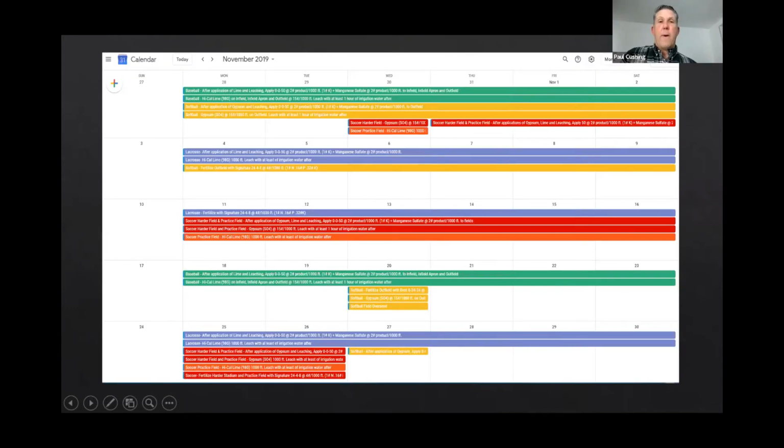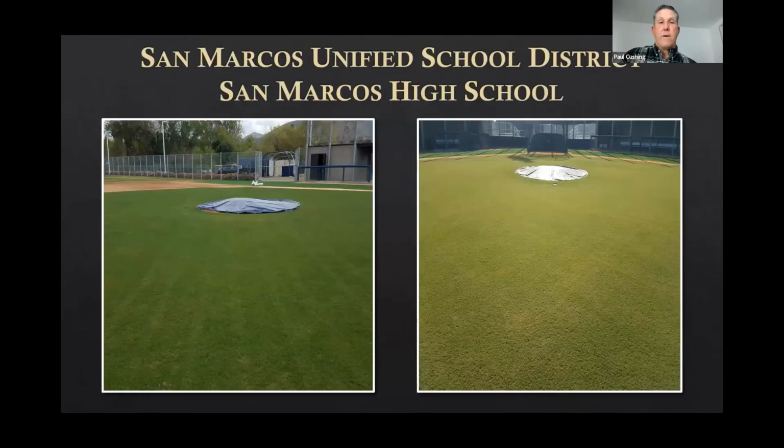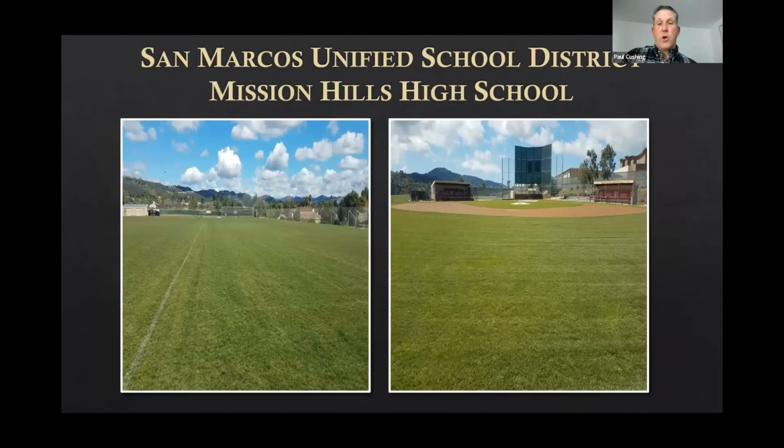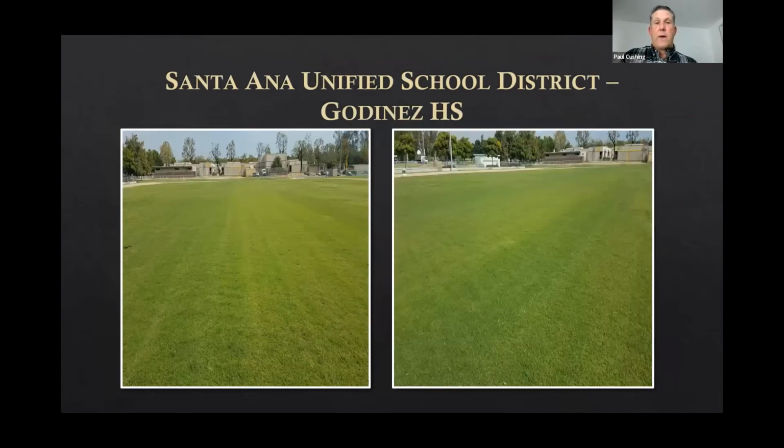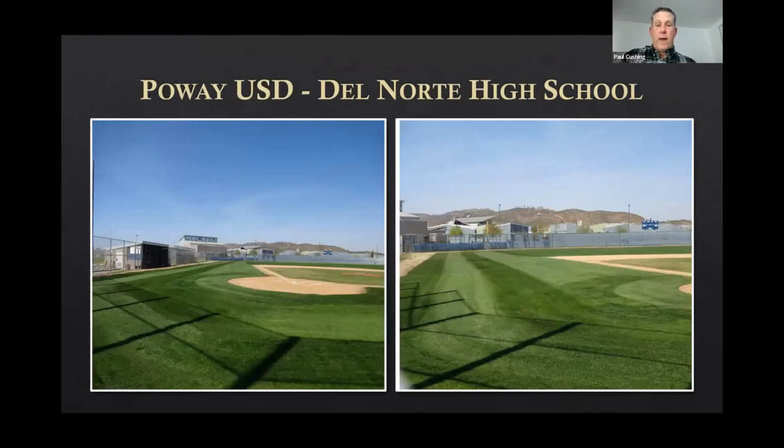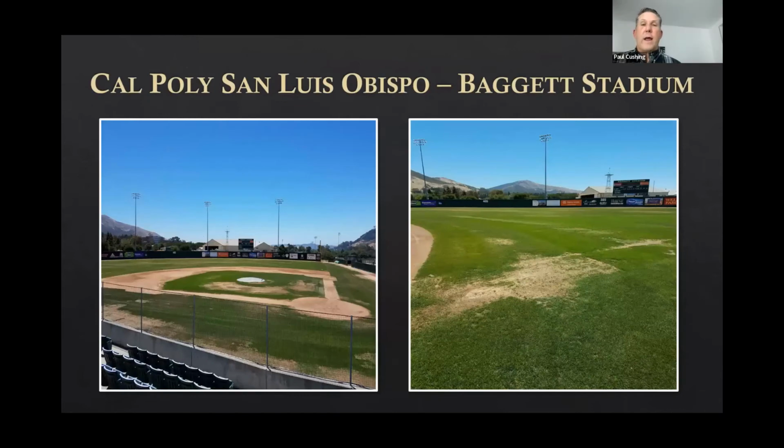Okay, let's go back and let's look at a couple more fields here. Hopefully everybody's enjoying pictures. I always tell everybody what I lack in substance, I make up in really cool pictures. As a superintendent, I'm all about taking pictures so that I can tell a story, because people forget how good the fields were last year or how good the golf course was.